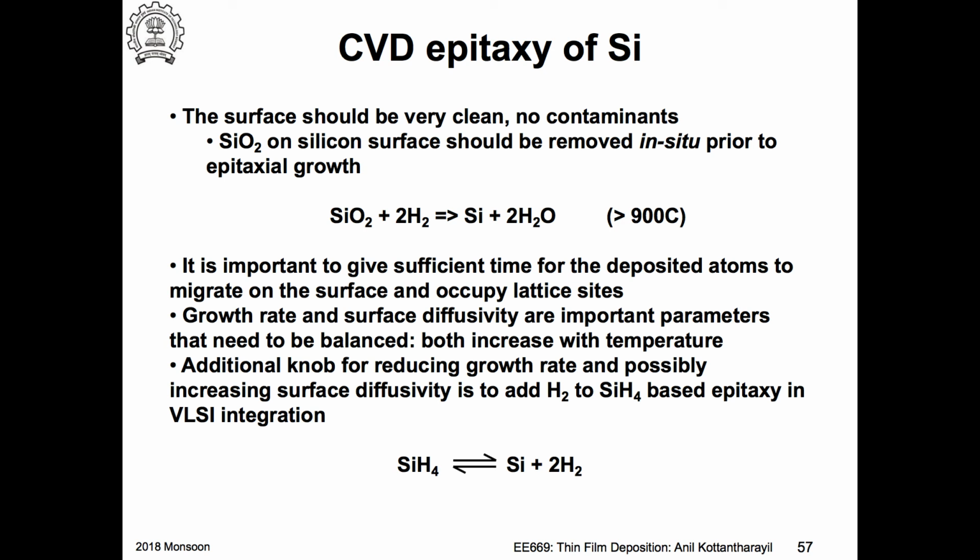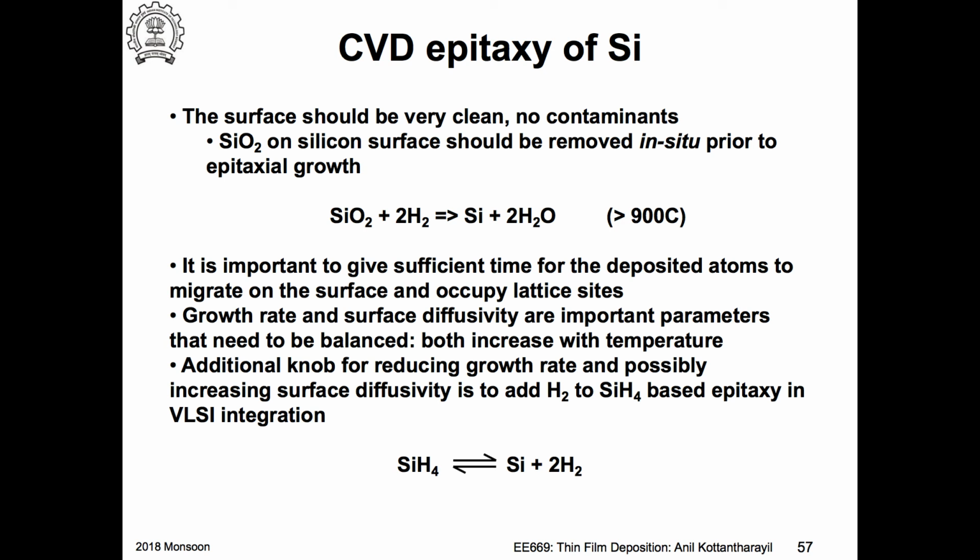But if it is too much, then what happens is that you react this excess hydrogen with the surface silicon, and then you may actually get silanes, and it starts to etch. So you don't want that condition. It has to be adjusted so that you get sufficient surface mobility, but it is not actually removing the silicon, which would reduce the growth rate.